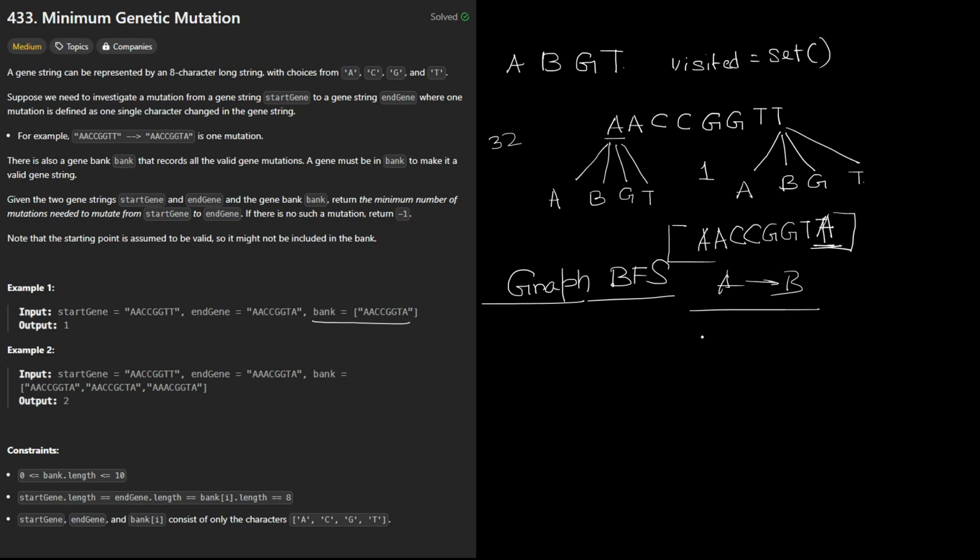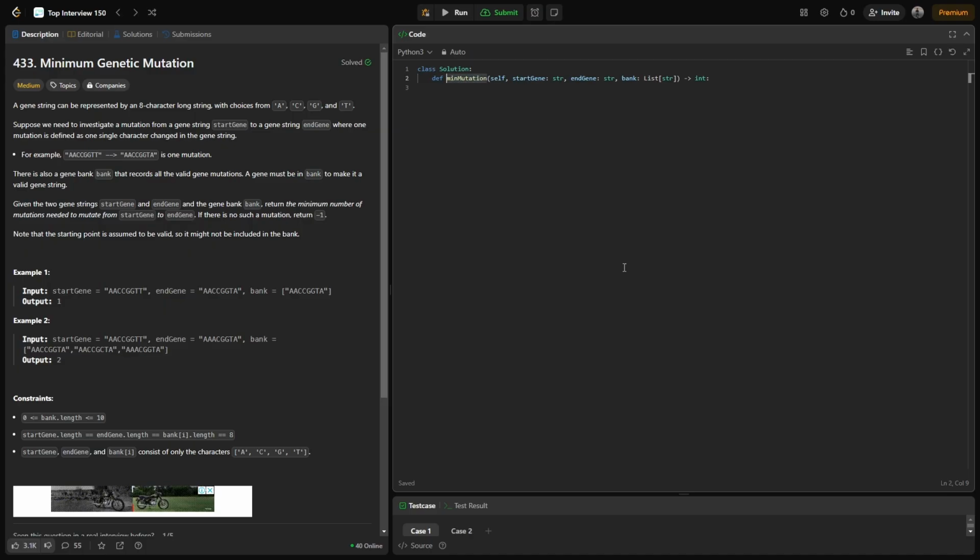So now let us jump to the Python solution, where I'm going to explain this problem and code down the solution in more detail. The first thing we need to do is write down the mutations that are possible. Mutation is going to be a list.